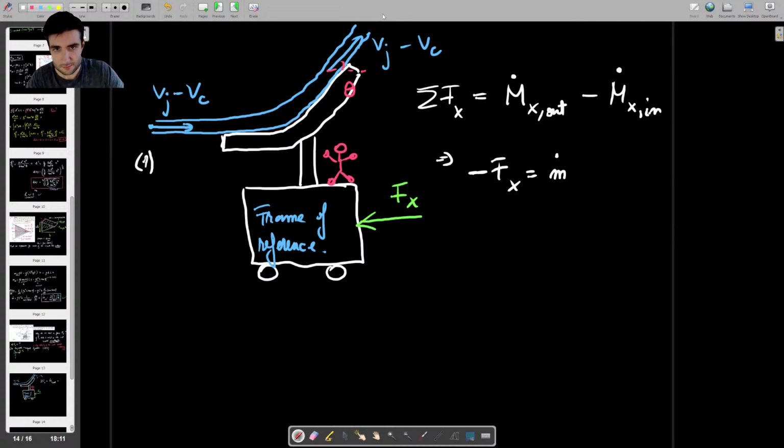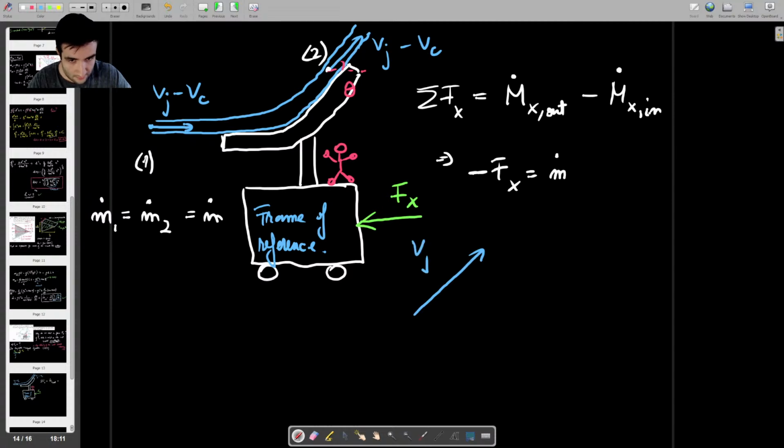So the mass flow rate at 1 is the same as the mass flow rate at 2, which is equal to just m dot. And the x velocity out is based on trigonometry and on Vj minus Vc.